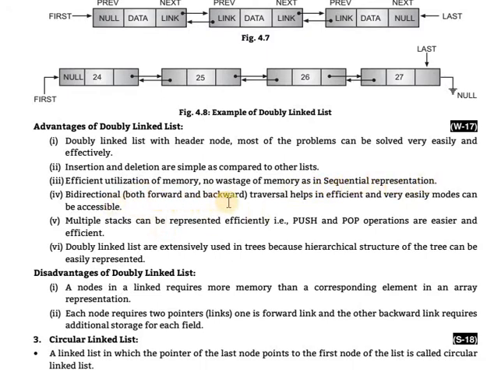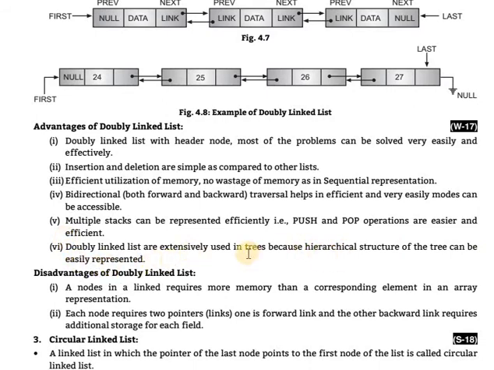Bidirectional, forward and backward traversal helps nodes be accessed easily. Multiple stacks can be represented efficiently, meaning push and pop operations, add and delete, are easier. Doubly linked lists are extensively used in trees because the hierarchical structure of a tree can be represented easily.